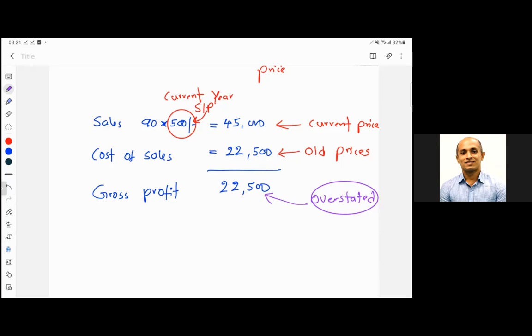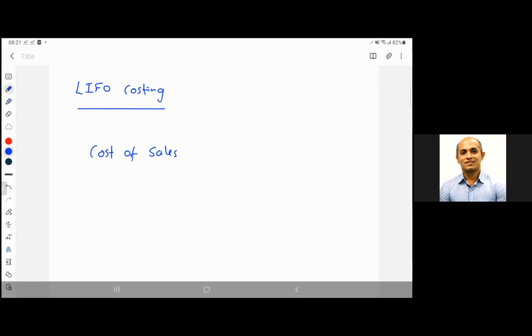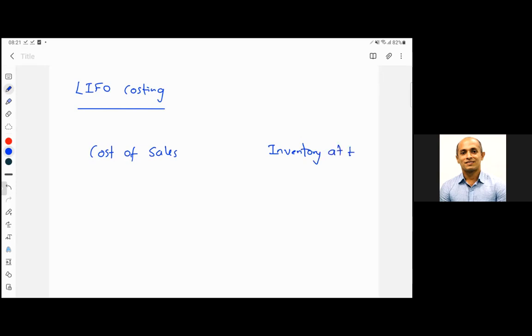Now let's see LIFO costing. How much is cost of sales under LIFO costing, and how much is the inventory value at the end?